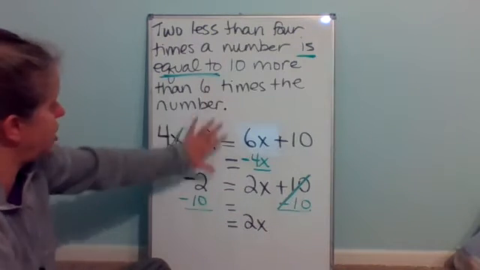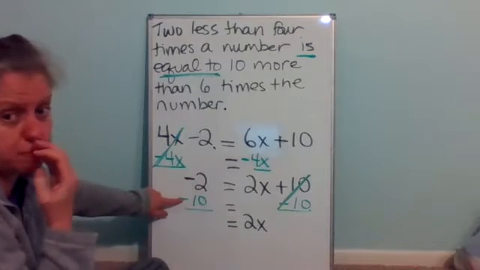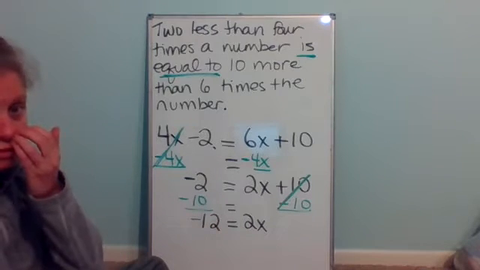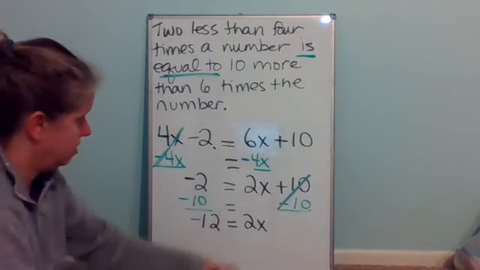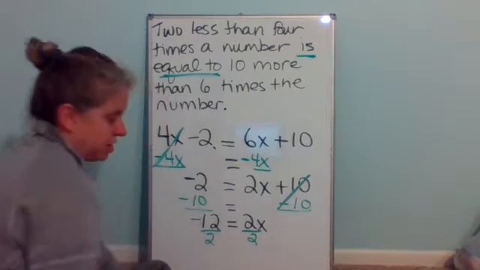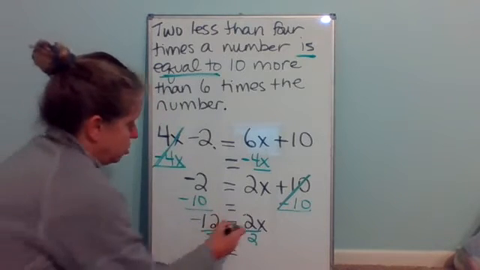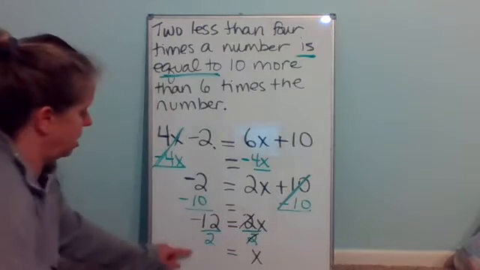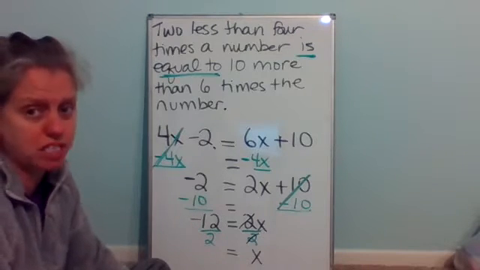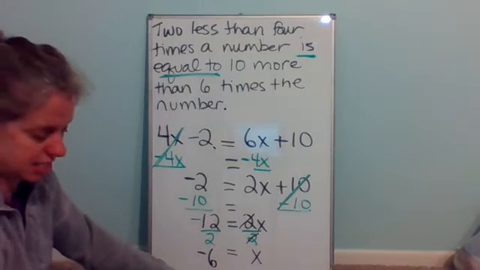Don't mess up after you've done all this work. -2 minus 10. If the temperature is -2 and drops 10 more, now it is -12. Hooked on number means to divide by 2. So my 2's cancel. There's my x all alone. And -12 divided by +2. Again, if you're not sure, punch that in your calculator. -12 divided by 2 gives you -6.